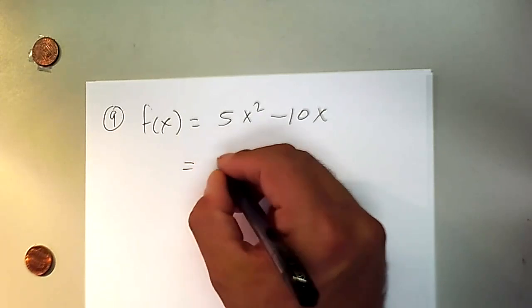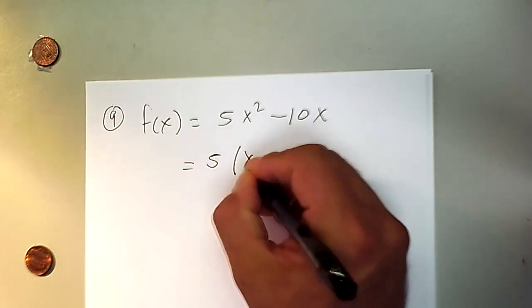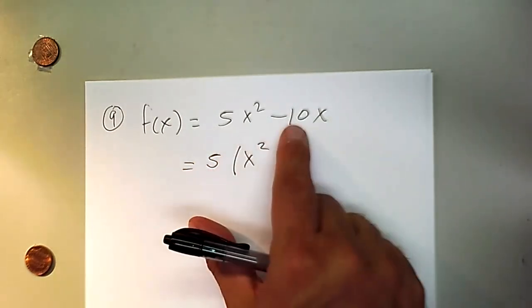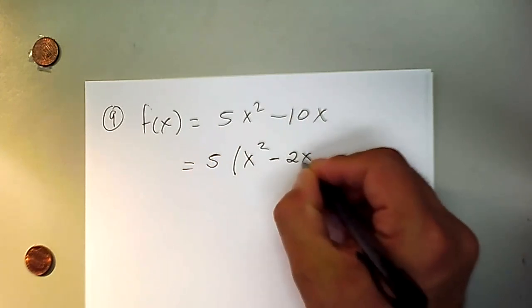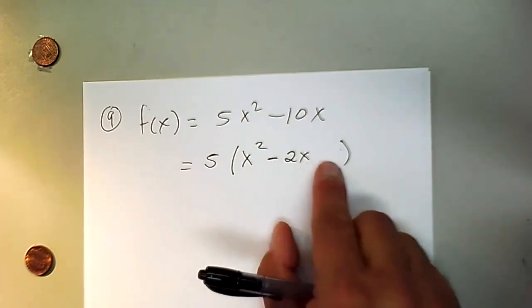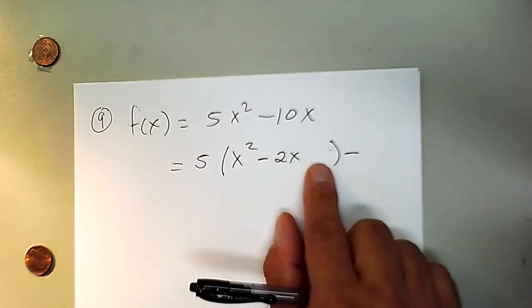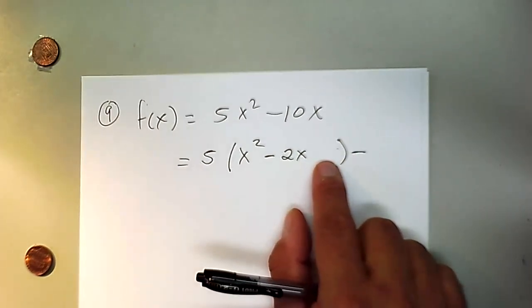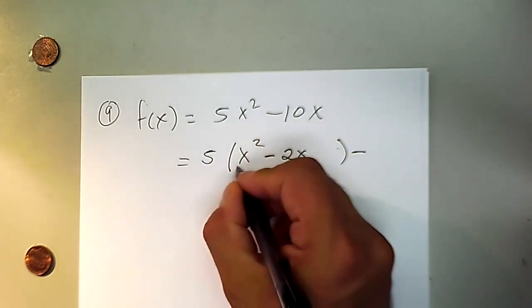So why? Here's the thing. When we factor the 5, we also factor 5 out of this guy: x squared minus 2x. Close the parentheses, leave some room to complete the square, and then we're going to subtract whatever we add in here. That's not quite totally correct, but okay. So this is the thing.